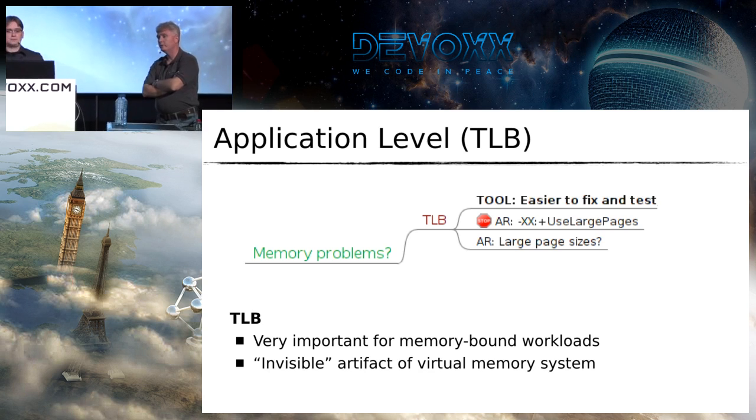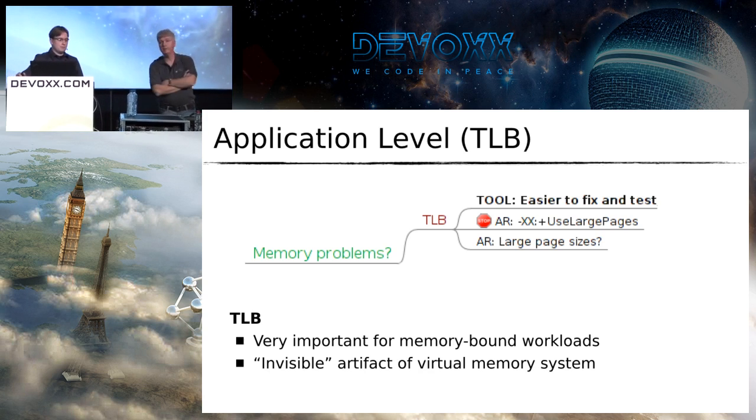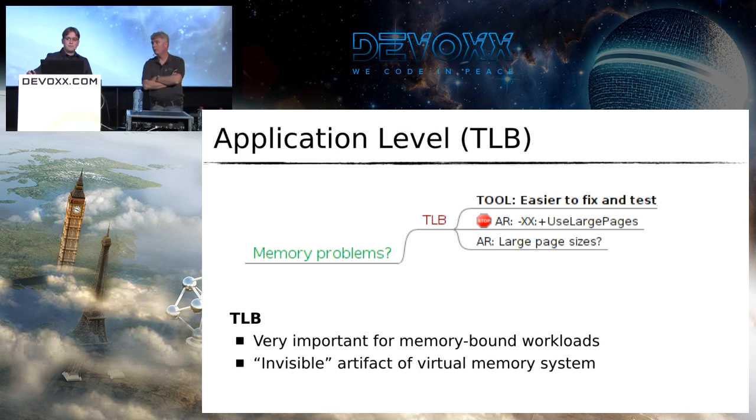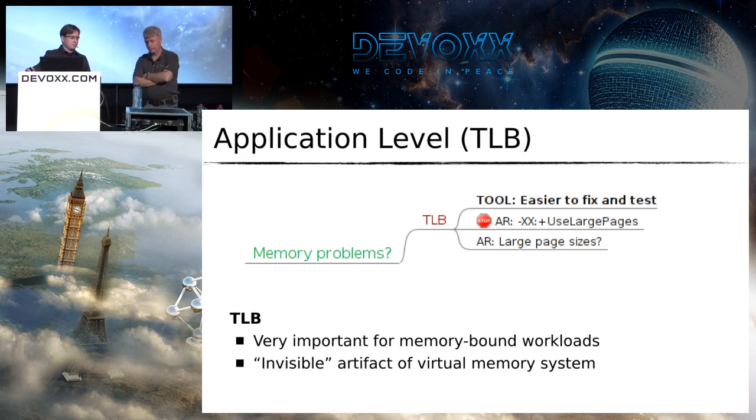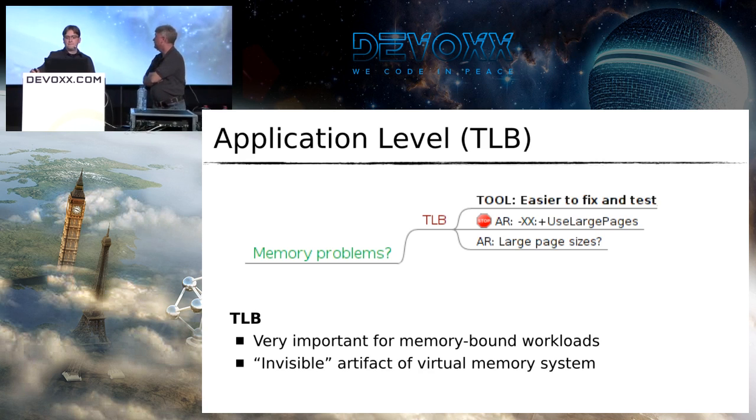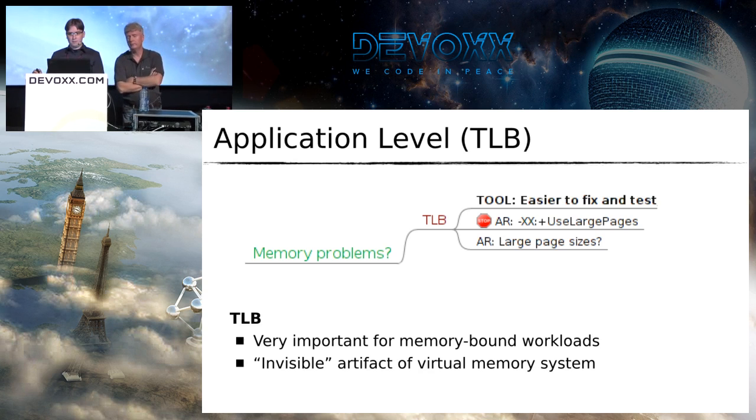And one of the measures that we look for are TLB hit, miss, and walk lengths. And if those are out of tolerance, then that's certainly a use case where large pages are going to help you, because you're going to probably get a lot more cache hits in this particular case. And that can make a significant difference in performance.